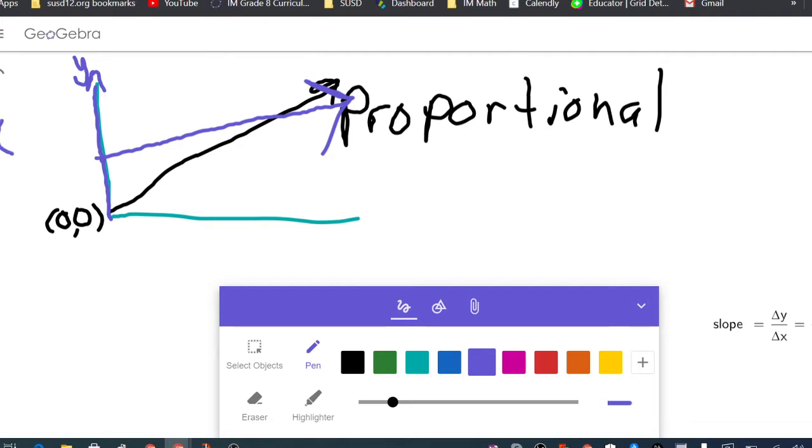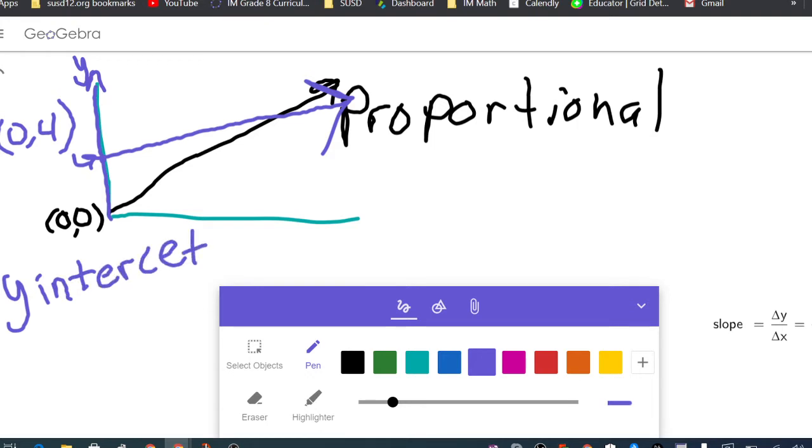So the coordinate would be x equals 0, but y equals 4 at this point. And we call that the y-intercept. So pay attention to the y-intercept as we learn more about linear equations.